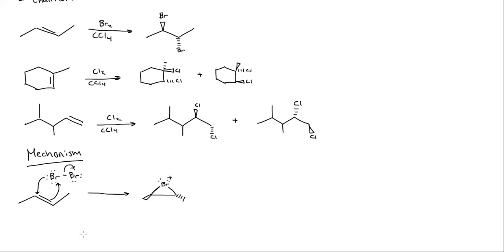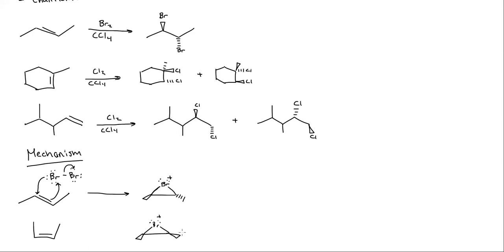If they were cis, if I started off with this one instead, then my ring would look like this, or both of those on a dash, either one. This is what my ring would look like if I started off with a cis alkene. So there's that distinction to be made.